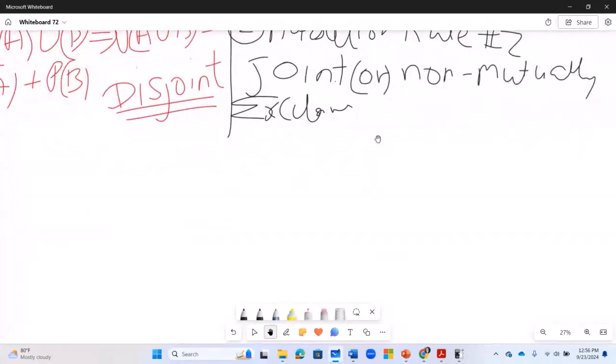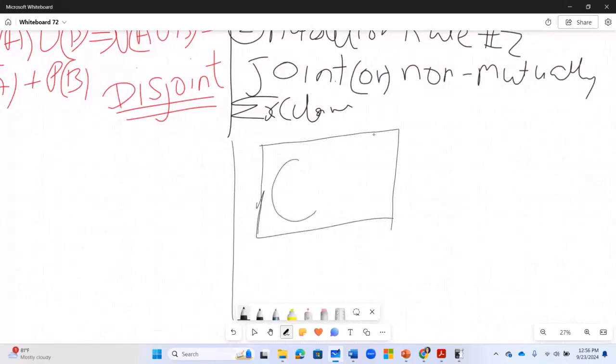So let's go ahead and draw a Venn diagram. If 2 events are non-mutually exclusive, forgive my crooked Venn diagram.